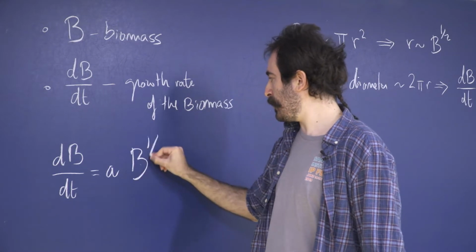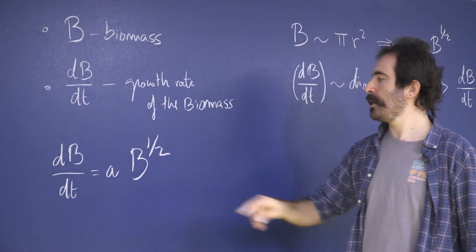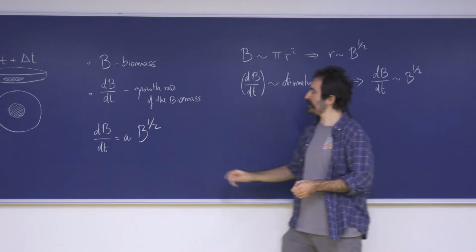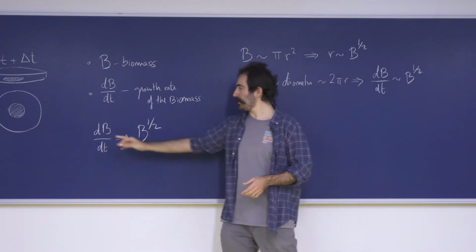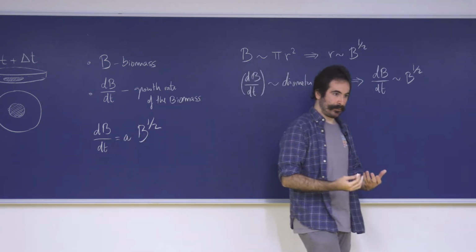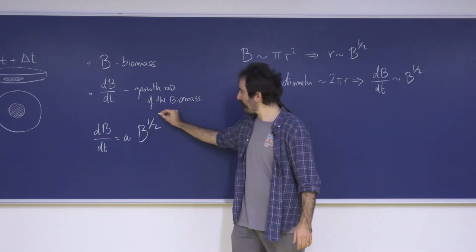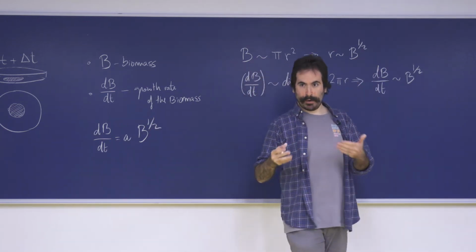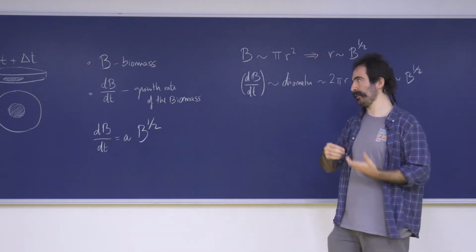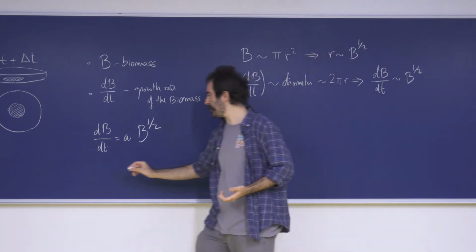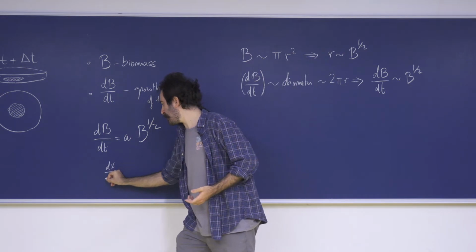And what's important is that we clearly put here what the proportionality is between the growth rate and the biomass itself. Now, I would like to pay attention to the fact that we have obtained an interesting exponent, right? So if we remember what happened in exponential growth, I'm going to write it here just for comparison.